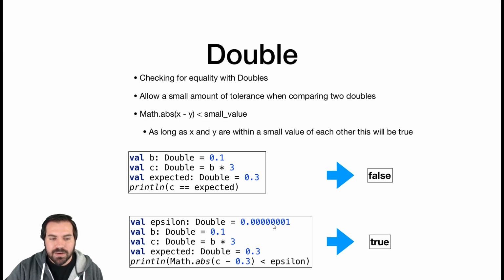You can play around depending on your application with which exact value of epsilon you want. I usually go 3 or 4 zeros out, just to make sure that we're not getting bit by truncation errors when we're comparing doubles for what would be equality.